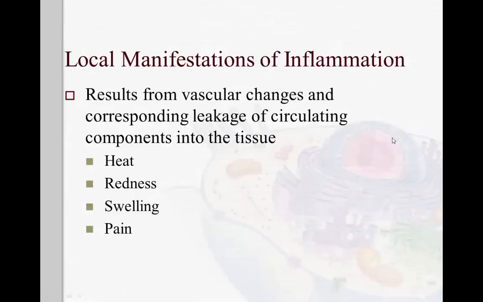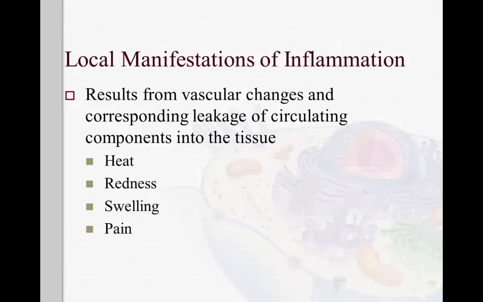So what are the local manifestations of inflammation? We discussed that it's basically warmth or heat, redness, produced by vasodilation and increased blood flow. Then we have swelling, and this is due to capillary permeability and edema and the exudate that is formed.